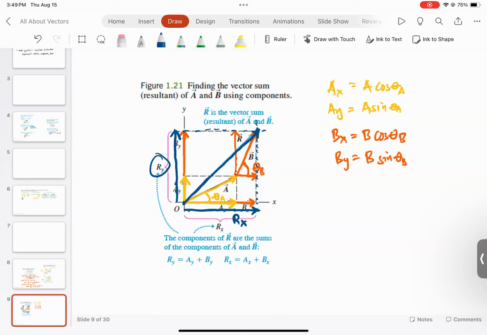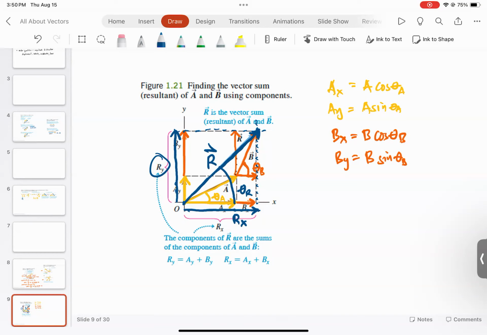So, starting point to endpoint, yan na yung vector R. Now, yung angle is not so straightforward. So, ito ngayon yung angle na theta R. But we can still use trigonometry here.